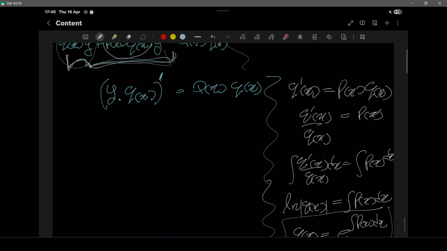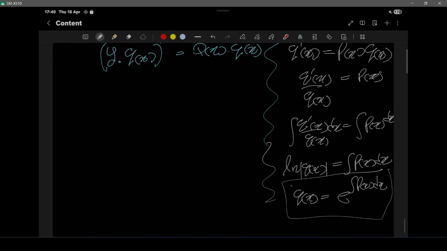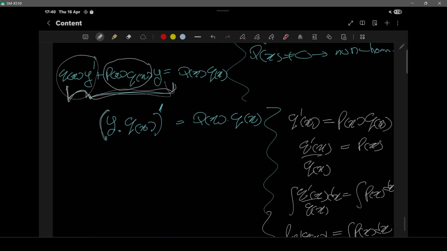So this is what we got for Q. If we choose Q(x) in this way, the derivative here is equal to both of them. Now let's continue solving our equation. It's y times Q(x) dash is equal to Q(x) times Q(x).